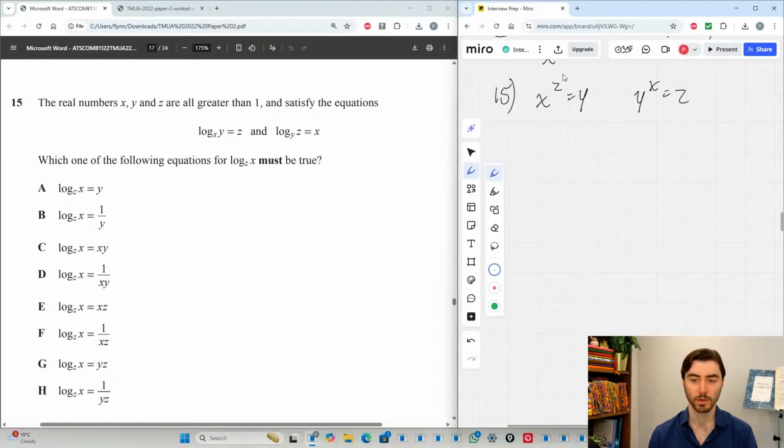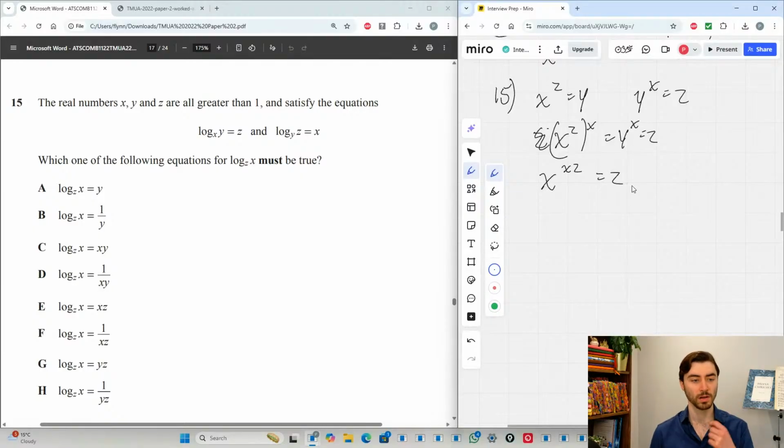Well, if I raise both powers, so y to the x equals z, it means that x to the xz equals z.